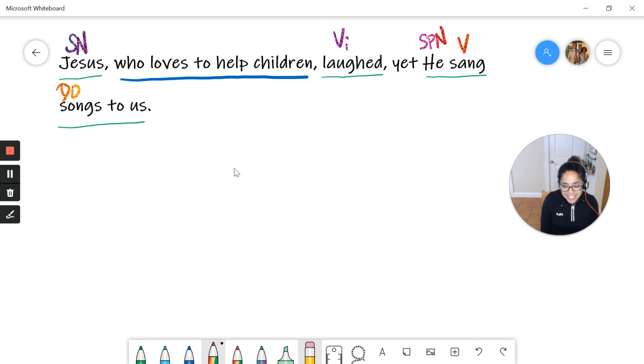To us. It's answering the question of to whom? So that is our prepositional phrase, and we give our preposition to, and our object of our preposition is us. And this one is adjectival, giving us more information about songs.